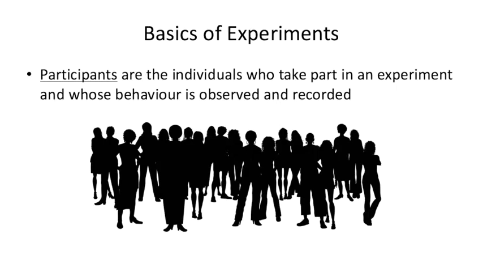And participants are basically the individuals who take part in our experiment. And these are the same individuals whose behavior we're really interested in. So these are the individuals whose behavior we observe, whose behaviors we monitor, whose behaviors we record over time to see if in fact our manipulation had any effect at all.